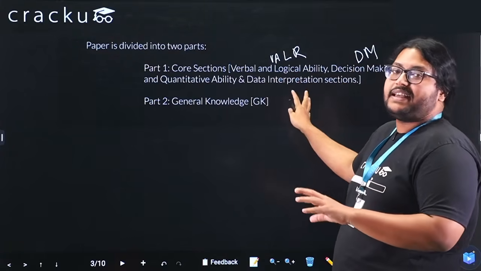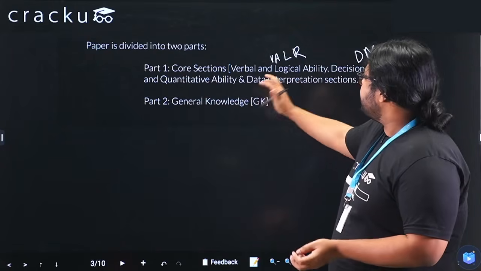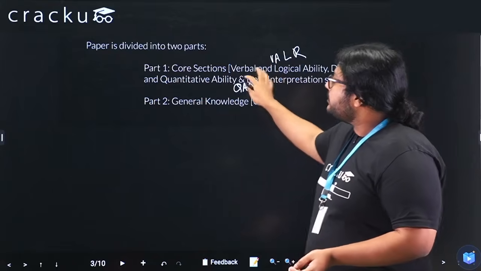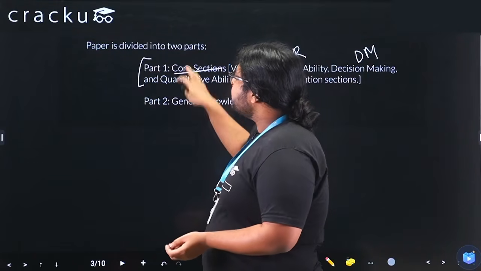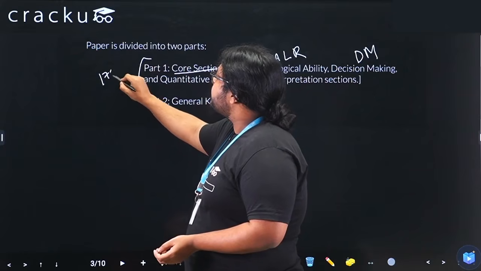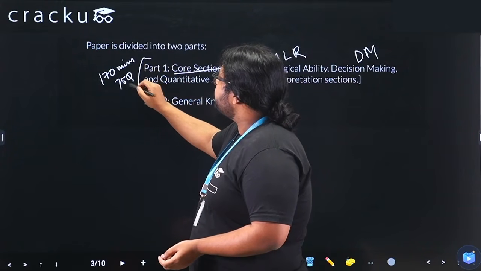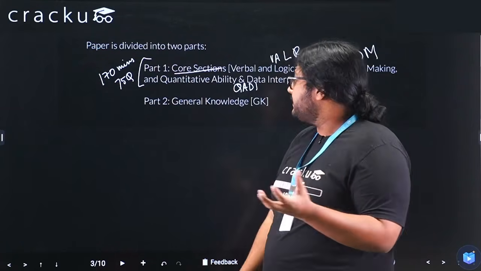No other exam has this section. And the third section is quantitative ability and data interpretation, called QADI. These three core sections fall in part 1. For solving these three sections, you get 170 minutes and a total of 75 questions. We'll look into the split next.